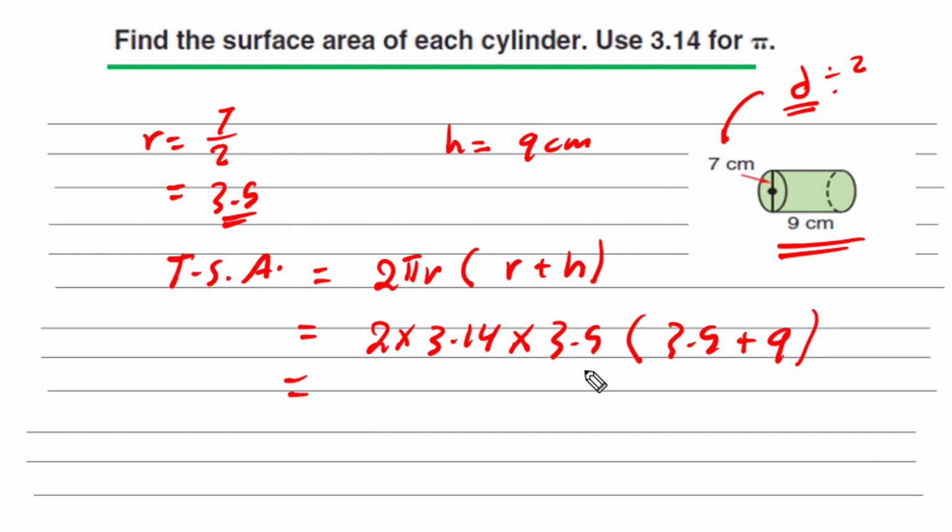To make it easier, guys, we can write 3.5 as 7 over 2. So we can write 2 times 3.14 times 7 over 2 multiplied by 3.5 plus 9. Do you know, guys, we can cancel 2 with 2.